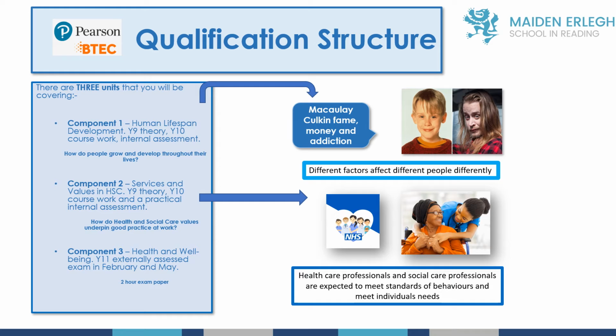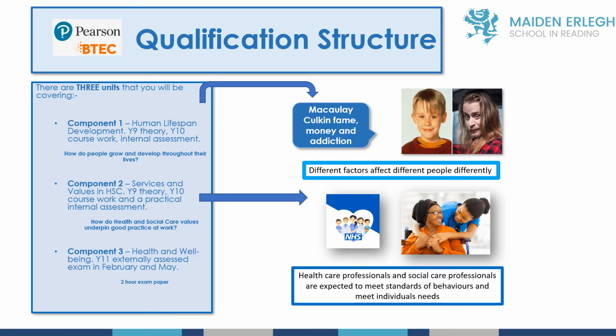The other example is to do with the healthcare and social care services, whereby you look at the different services and you have a case study and you look at the professionals that are linked within that case study. The additional part is a role play where you have to demonstrate suitable care values connected to your scenario.